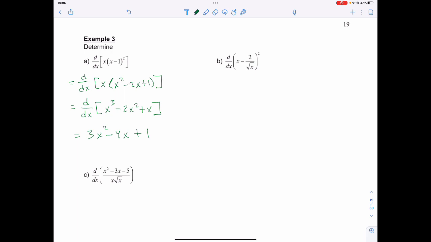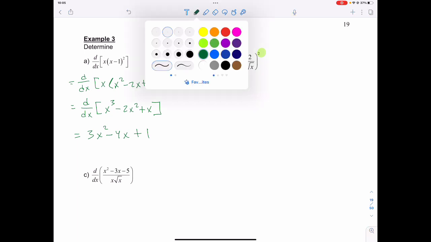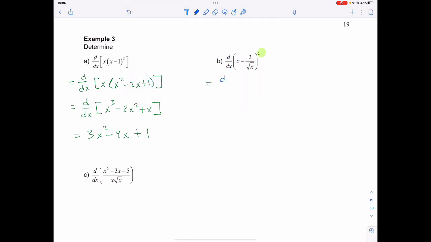For example B, if I'm doing the differentiation of (x minus 2) over the square root of x, squared, then I'm going to say that this is going to be the same as d over dx of (x minus 2) x to the negative 1/2 times (x minus 2) x to the negative 1/2.